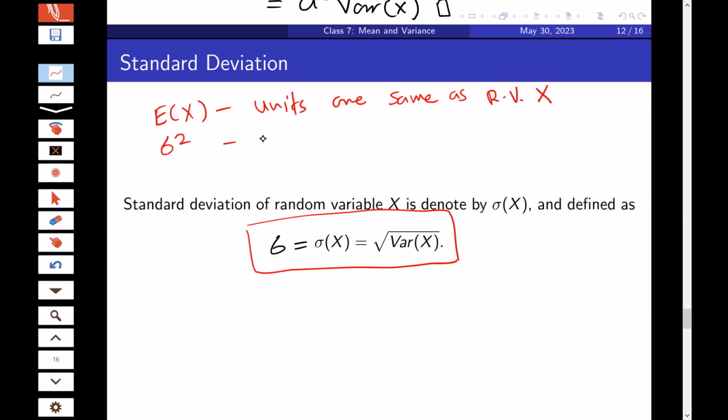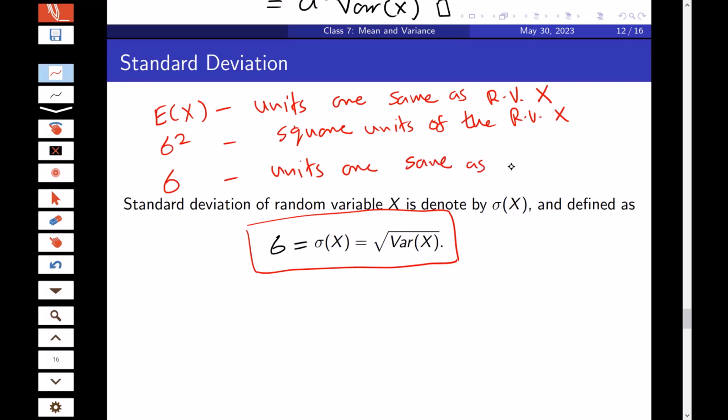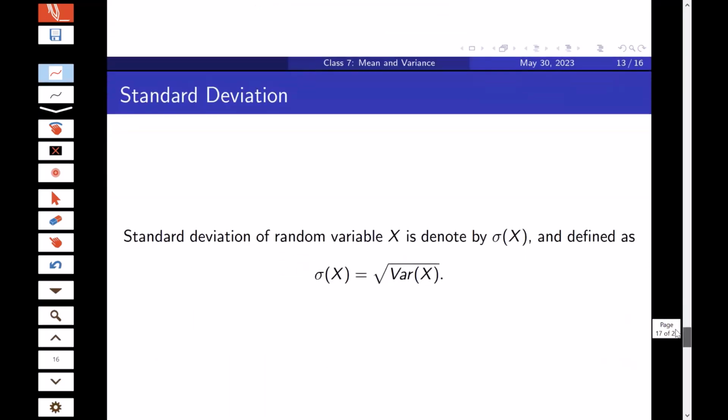If you find the variance, units are squared. If you find sigma, this again has the same unit as the random variable. So that's the main reason we are finding the standard deviation. It has the same unit as your random variable.